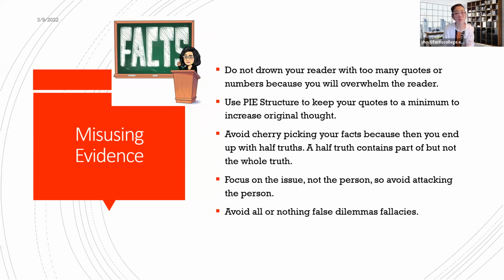A half-truth is when you have just part of the truth and you don't engage the other side. In order for your paper to be fair and balanced, you have to learn how to engage the other side, either using Toulmin argumentation or Rogerian, which is the next section. Avoid the all-or-nothing dilemma fallacy.